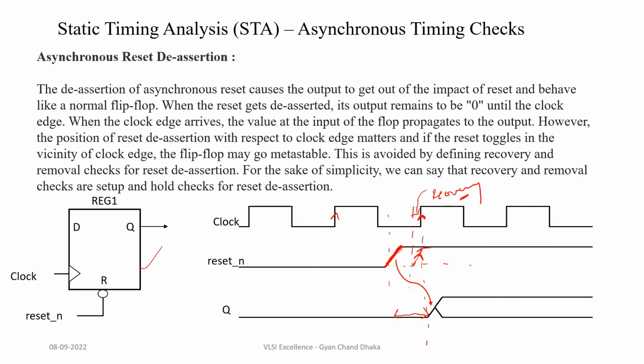But during reset de-assertion, our flip-flop is going from reset state to the normal state. So if there is a metastability in the normal state, that is dangerous, and we have to avoid that metastability.